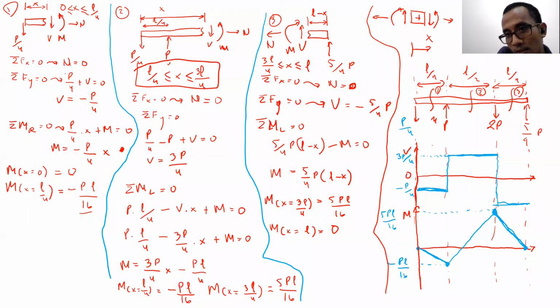The scale here is actually incorrect, because that one is supposed to be going down even more, 5 times of this one. But because I don't have space there, I draw it there.